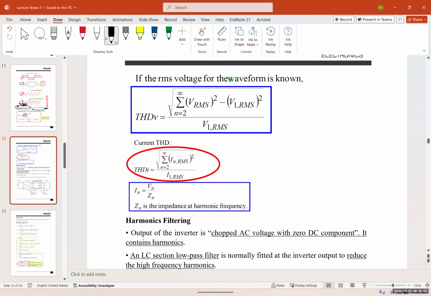And for that, THD I is equal to the square root of sigma In RMS squared, from n equals 2 to infinity, over I1 RMS. And in this case, using Ohm's law, In is going to be Vn over Zn, where Zn is the impedance at the harmonic frequency.